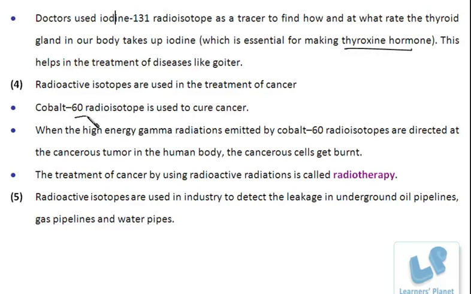Likewise, the cobalt-60 radioisotope is used to cure cancer. When the high energy gamma radiations emitted by cobalt-60 radioisotopes are directed at a cancerous tumor in the human body, the cancerous cells get burnt. So to burn the cancer cells, radiations emitted by cobalt-60 are used.